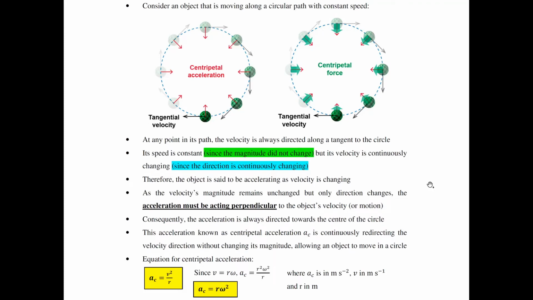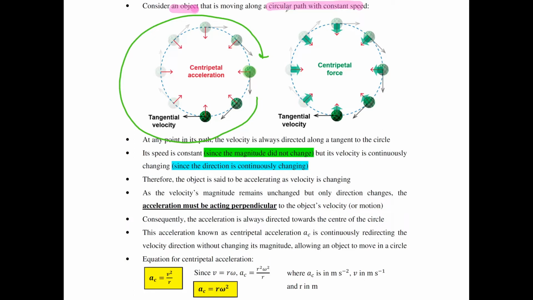Now, first consider an object that is moving along a circular path with constant speed. When we say something moves in a circular path with constant speed, it basically means something like this. Let's say this is my starting point, and then after that, I move one full complete circle like this.